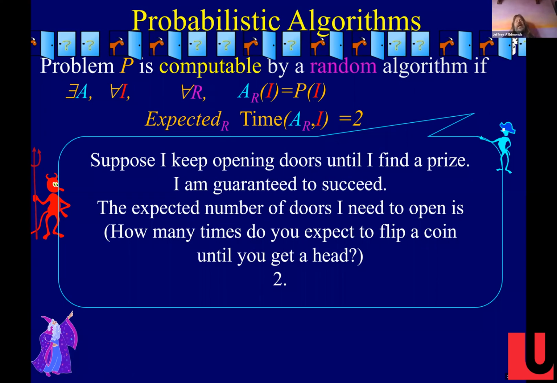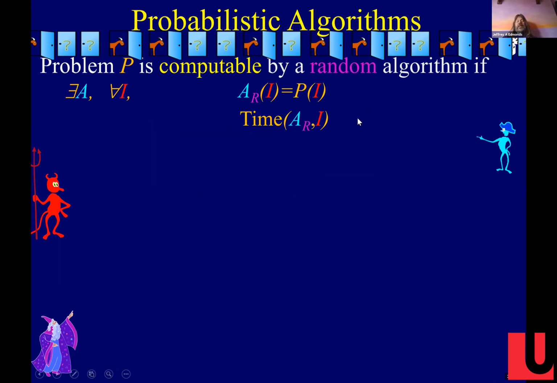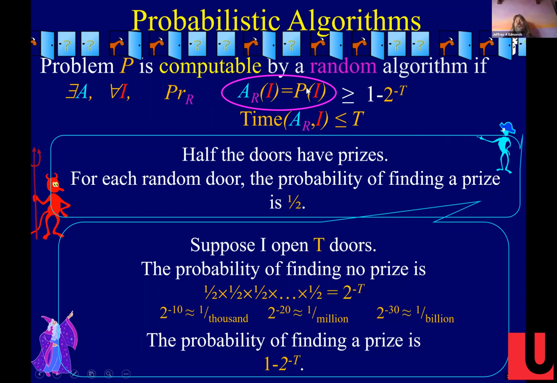So here I'm really saying, when I say what's the expected time, it's the expected time until you find a prize. And back here, we're saying, what's the probability that I find a prize? Well, it's 1 minus the probability I don't find a prize, which is exponentially small. Oh, okay, that makes sense. Thank you. Good question.